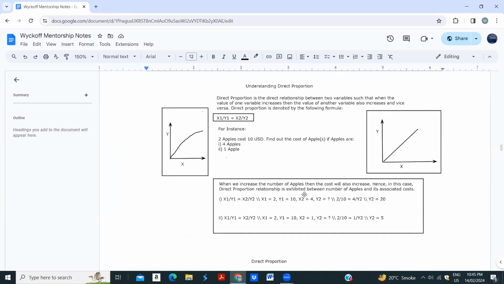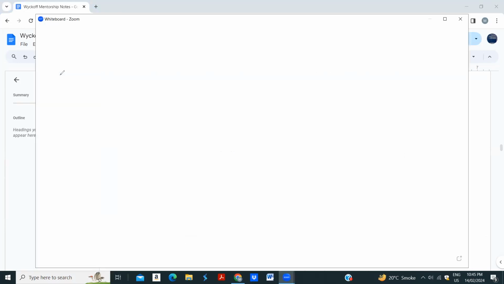Okay, when we increase the number of apples. Now I'm gonna solve this equation in front of you. So, cost of 2 apples. Okay, so 2 apples cost $10.